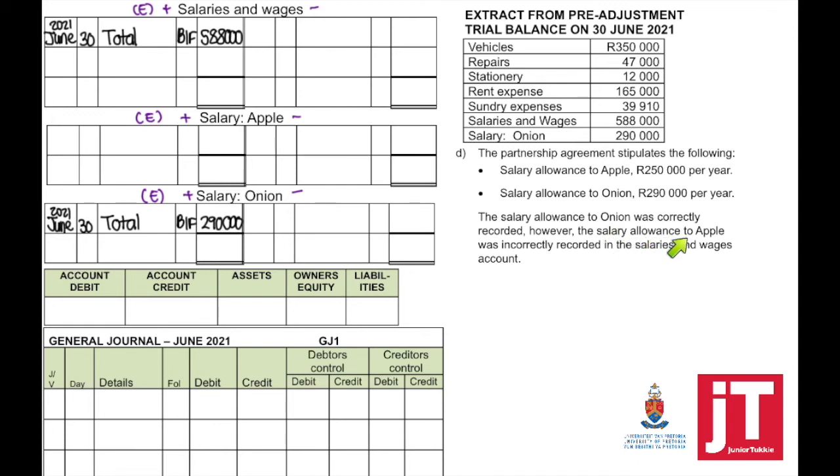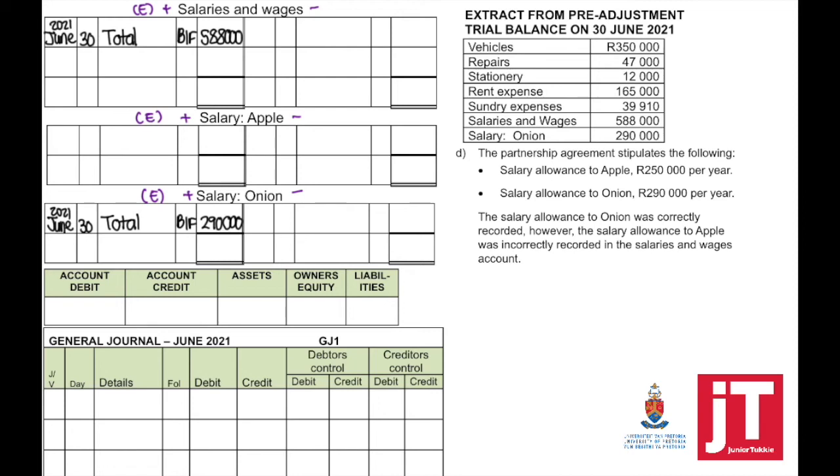However, the salary allowance to Apple was incorrectly recorded in the salaries and wages account. Remember, in partnerships, when a partner takes his monthly salary, it means that drawings is debited and bank is going to be credited. It has absolutely nothing to do with salaries and wages.